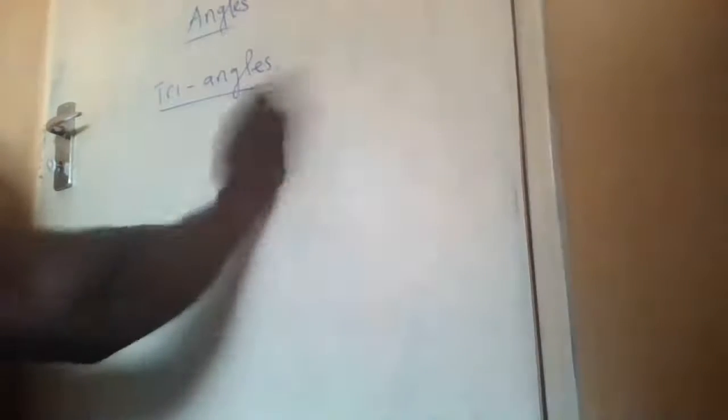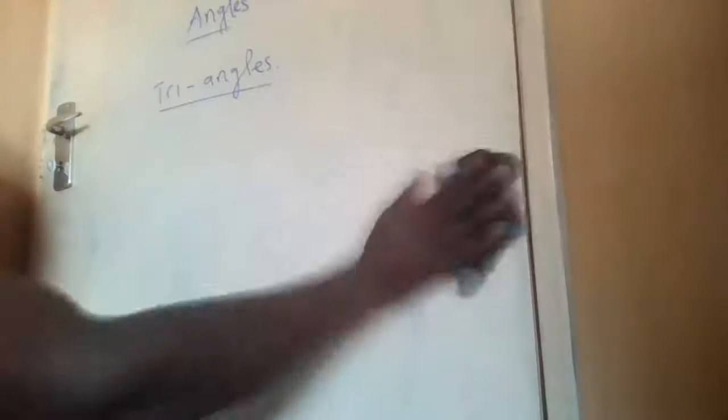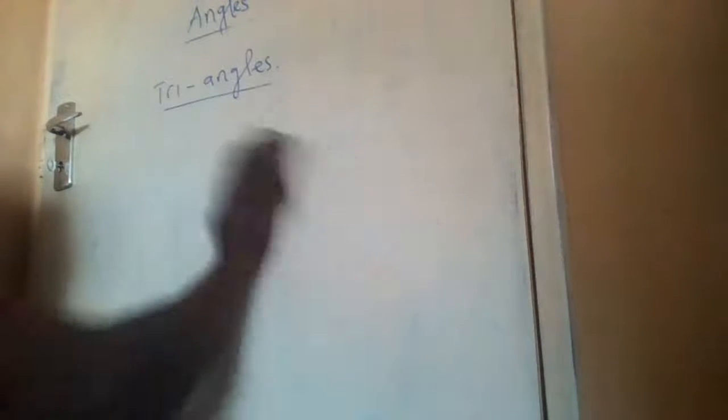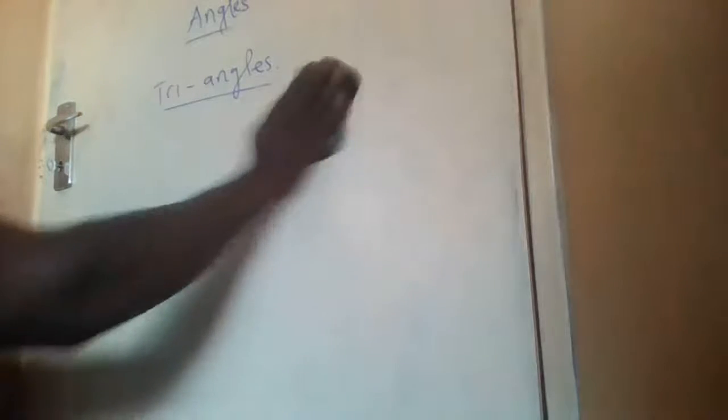So now we get back to business. I'm going to say something which I just said, that the sum of angles inside of the triangle goes up to 180. The sum of angles inside of the triangle goes up to 180. But do not say it is also a supplementary angle.